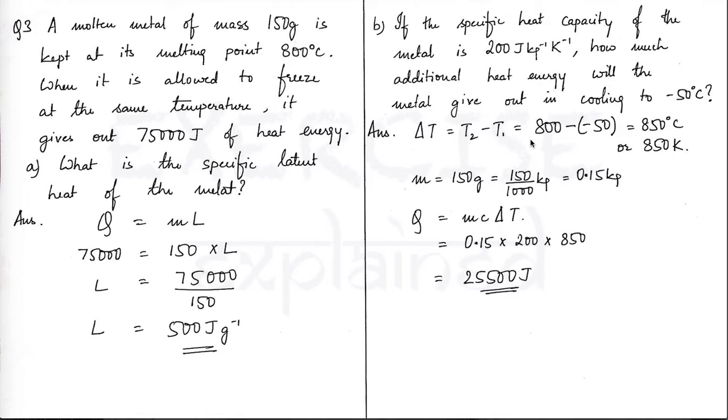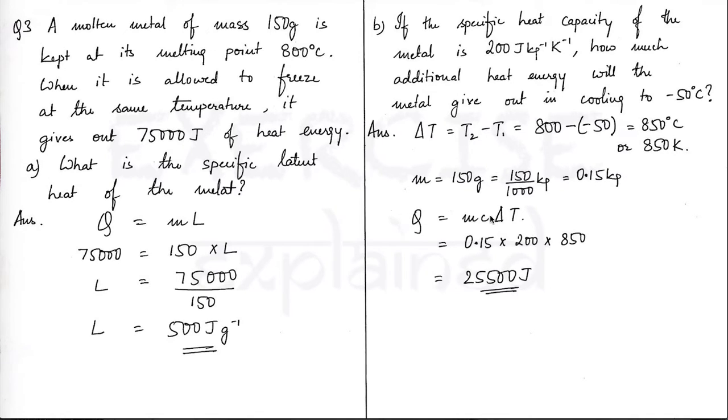So that is nothing but 850, because 800 minus of minus 50, we get minus into minus as plus. So that is 850 Kelvin. Mass is given in grams, so I converted it here. That is 150 grams is nothing but 150 divided by 1000 kg. So that is 0.15 kg.